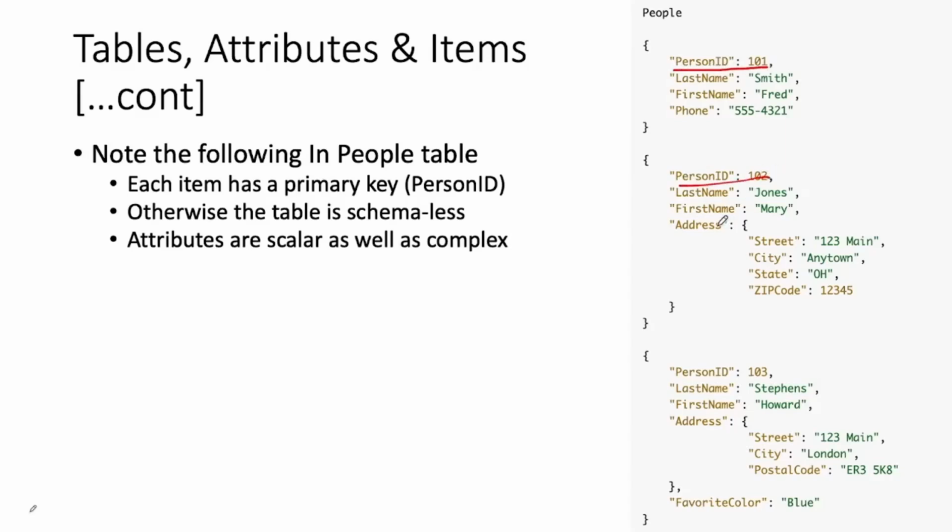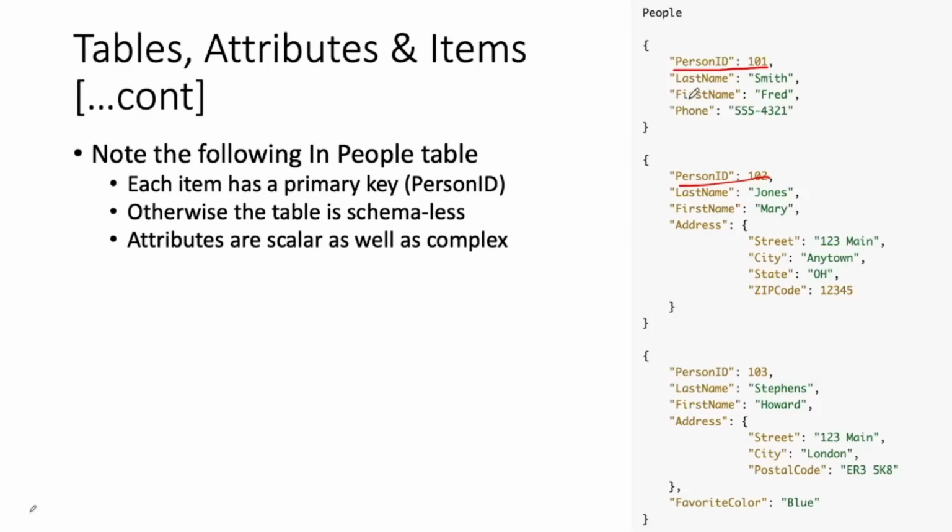And other than the primary key, the table is actually schemaless. DynamoDB is not going to enforce any schema requirements on the items on any of its tables. The only thing which it's going to enforce is the primary key attributes. It could be one or it could be two attributes in case of composite primary keys.